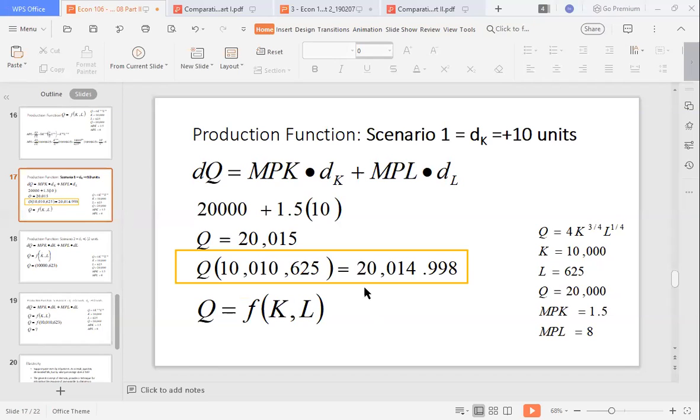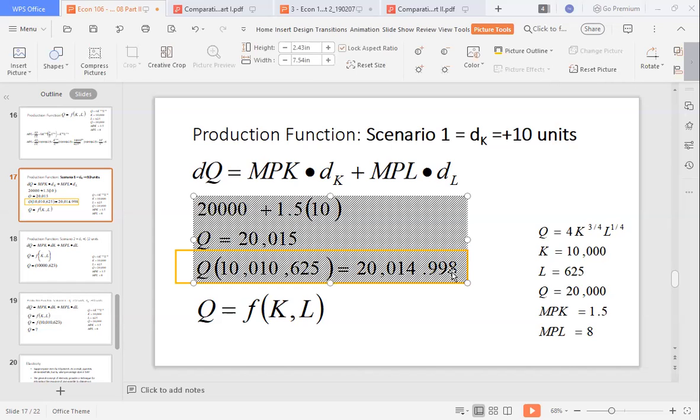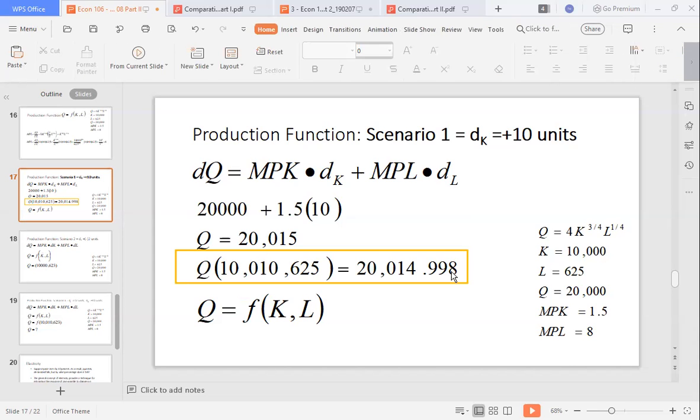So do we have a question on how we arrive at 20,014.998? This is the second method already, and this second method is appropriate for our definition of total differential.